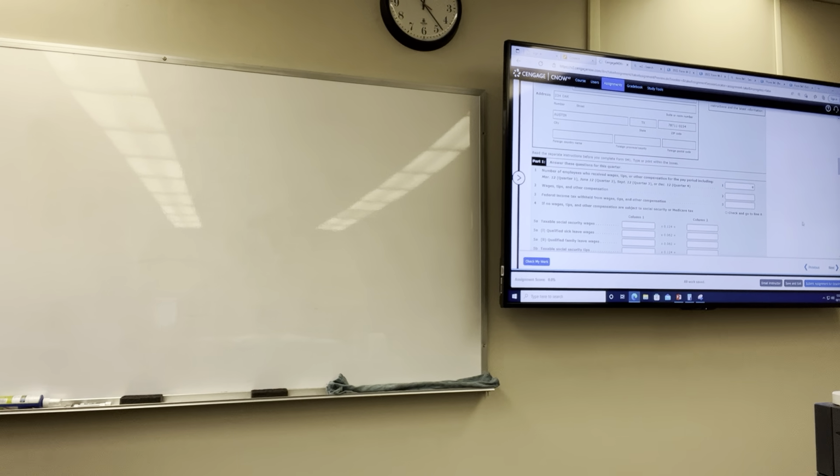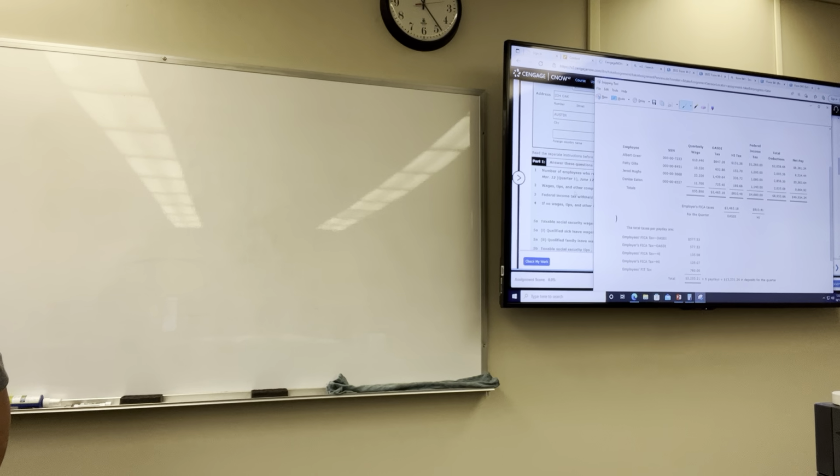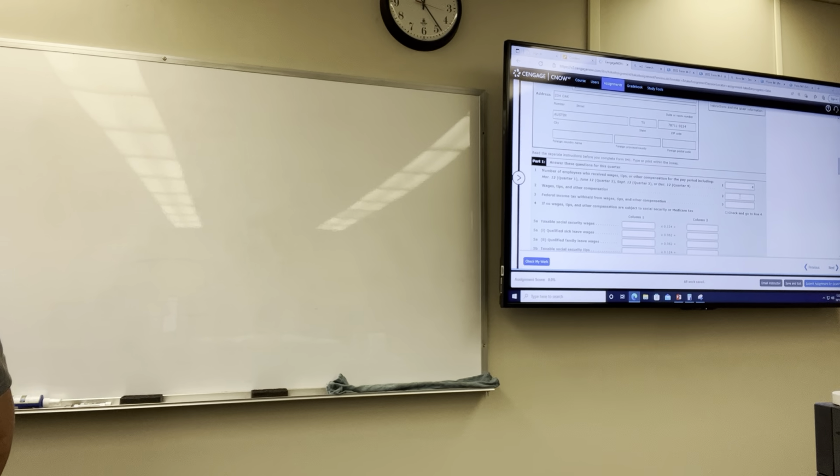All right. How about our wages, tips, and other compensation? This would be our gross wages. What amount do we put on that line? Is it the 55890? Yeah, so the 55,890 would be on that line.